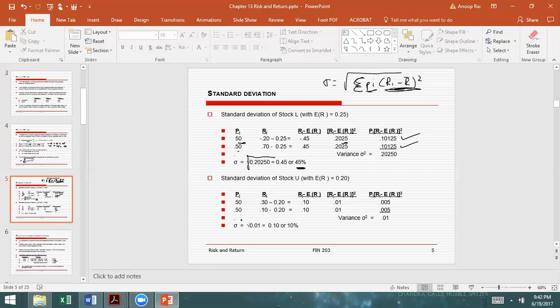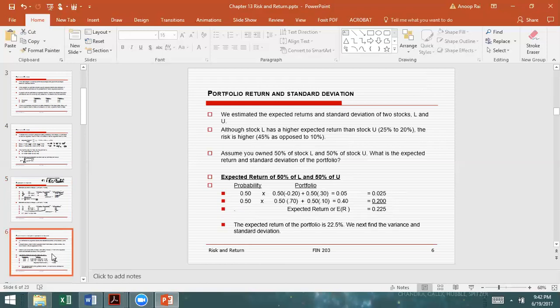Then we multiply it by the probability. 0.50 times 0.01 is 0.005. Both of them. We add them up, take the square root, and lo and presto, it's 10% at this point. So we have a standard deviation of 45% and a standard deviation of 10% at this point.